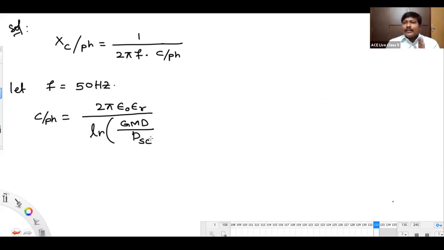Ds capacitance will be in farad per meter. That unit is very important because he is asking us to find it for the total length.